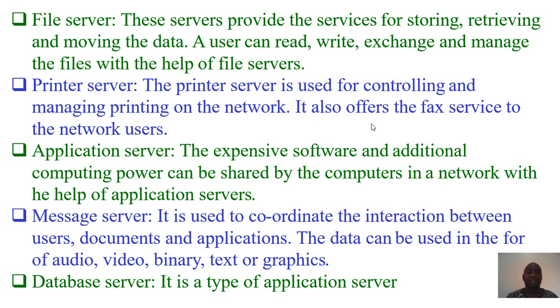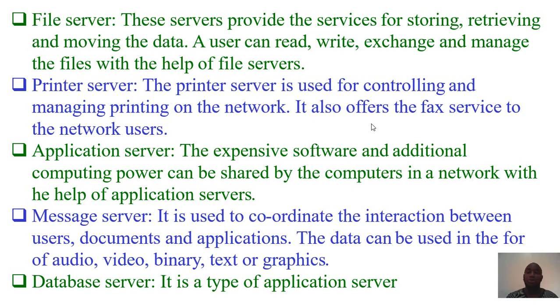A file server provides services for storing, retrieving, and moving data. A user can read, write, exchange, and manage files with the help of the file servers, right? These act more like a storage place for resources in an organization. A print server is used for controlling and managing printing on the network.